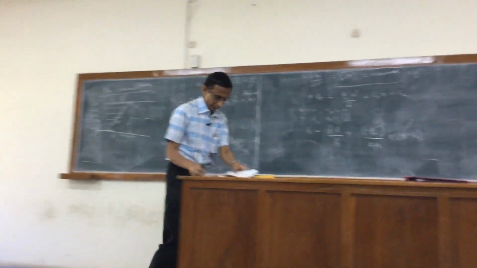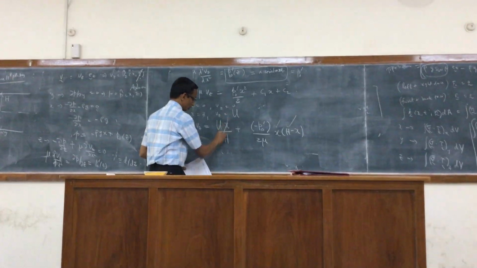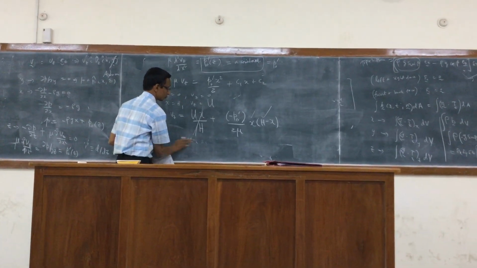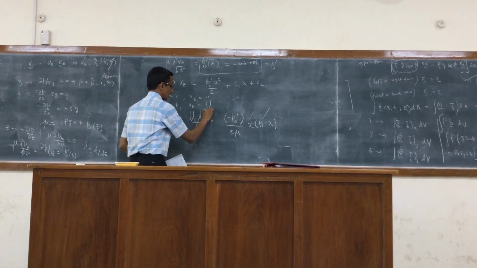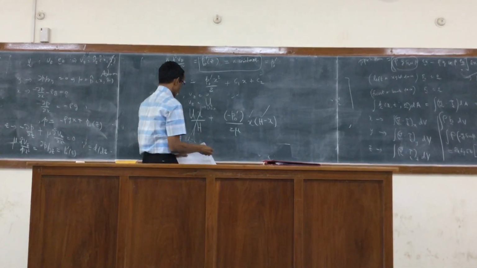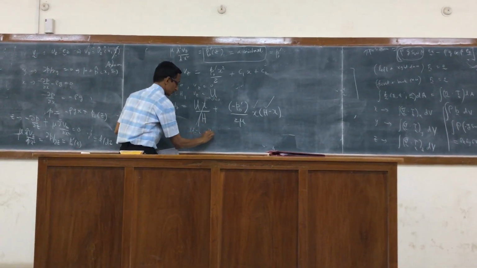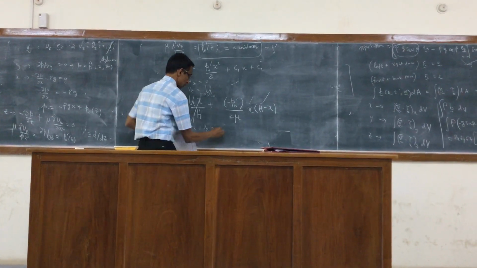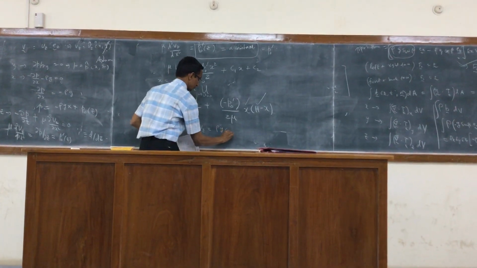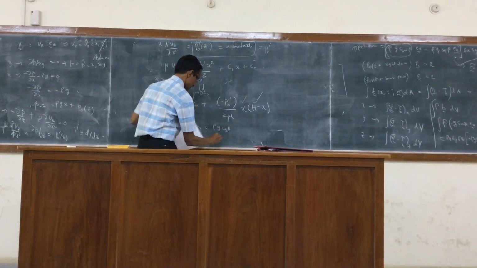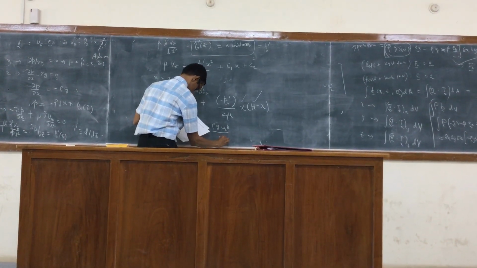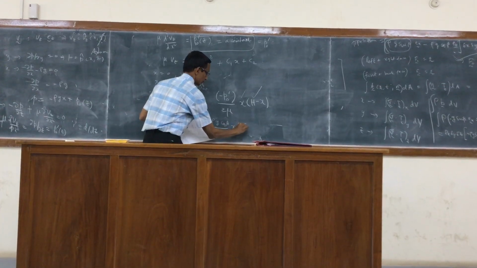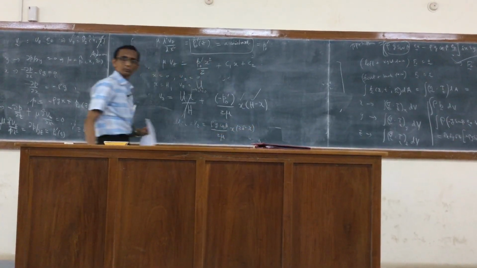If you now compare, just forget about this term for a moment, U equal to 0, right? It will vanish for U equal to 0. Now comparing with the earlier case, the falling film case, very similar, right?